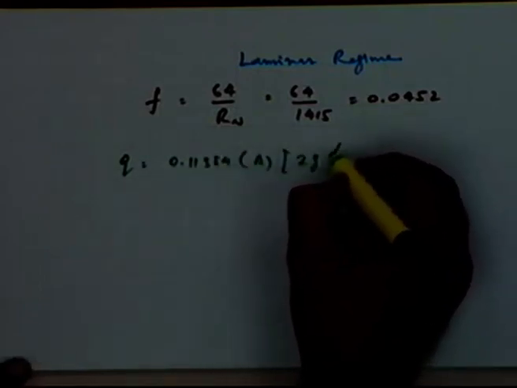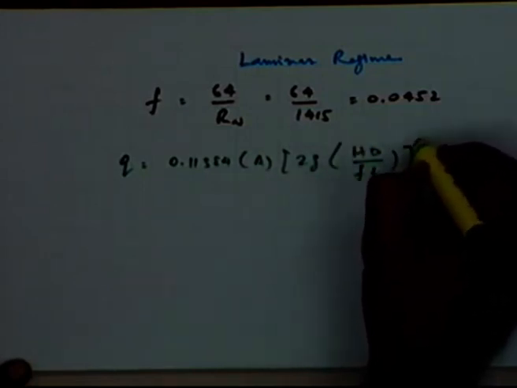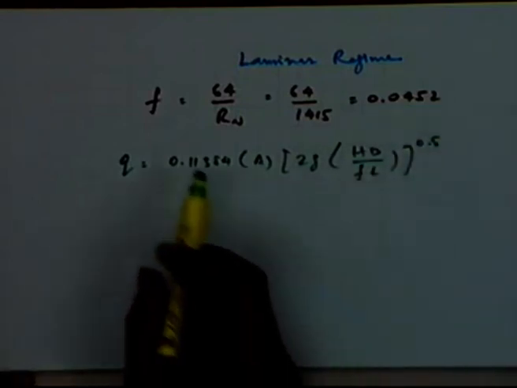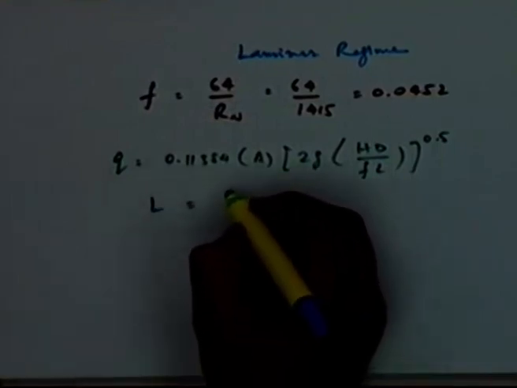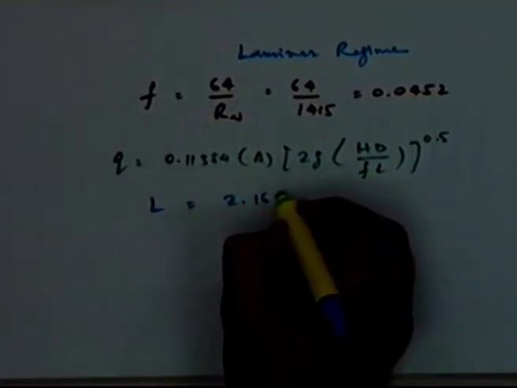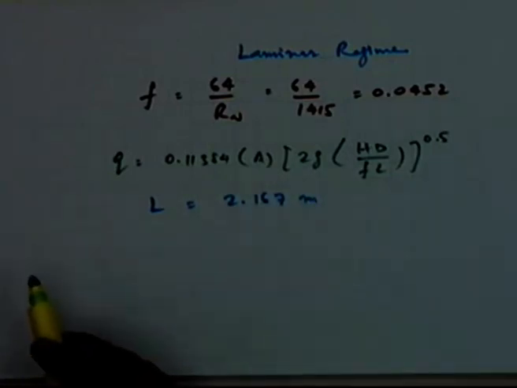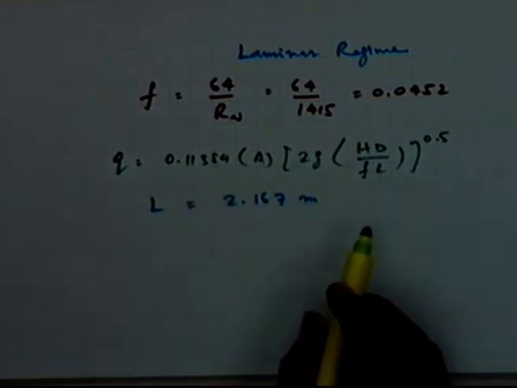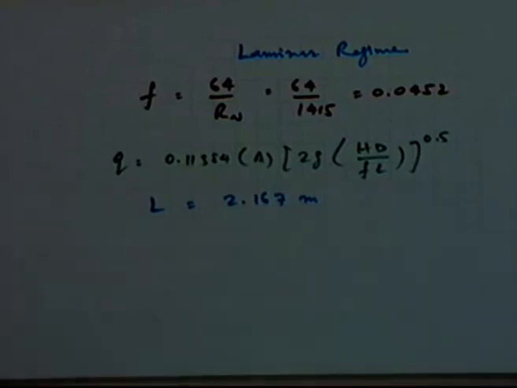This was the equation which was to be used for the laminar flow for the long path emitter, and everything else is known but for the L, and L works out to be 2.167 meters. All the other quantities are known, we already have their values, and L is 2.167 meters.